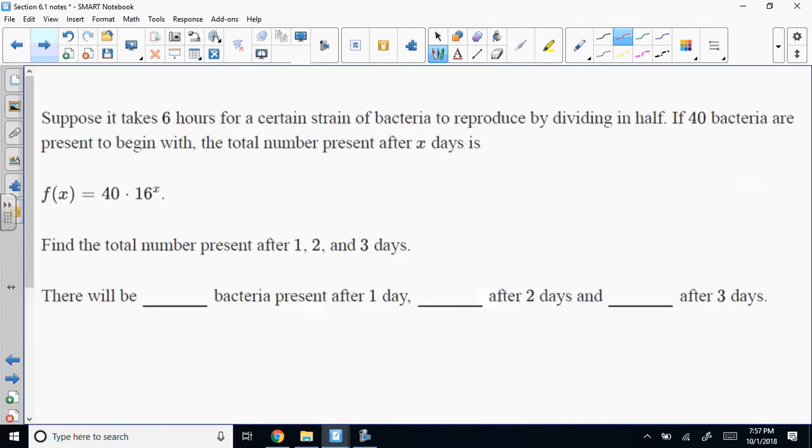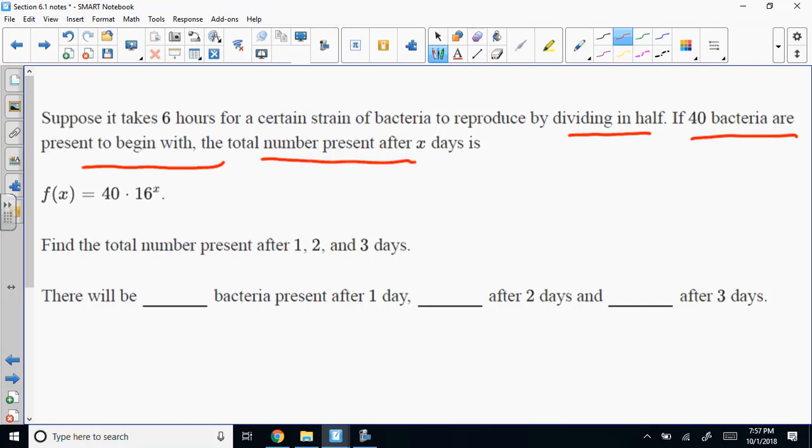So suppose it takes 6 hours for a certain strain of bacteria to reproduce by dividing in half. If 40 bacteria are present, the total present after x days is 40 times 16 raised to the x. Find the total present after day 1, day 2, day 3, right?